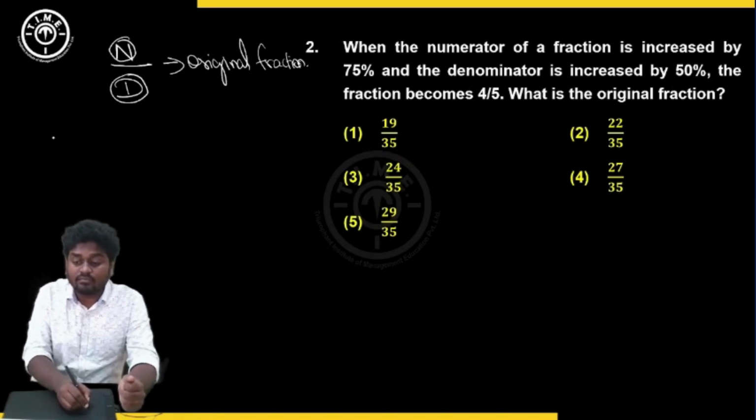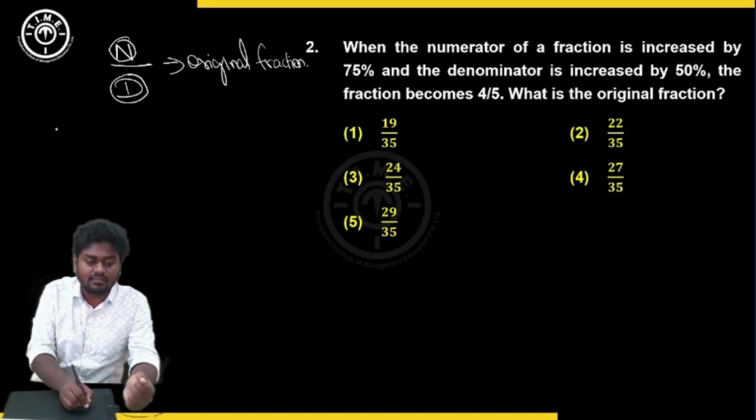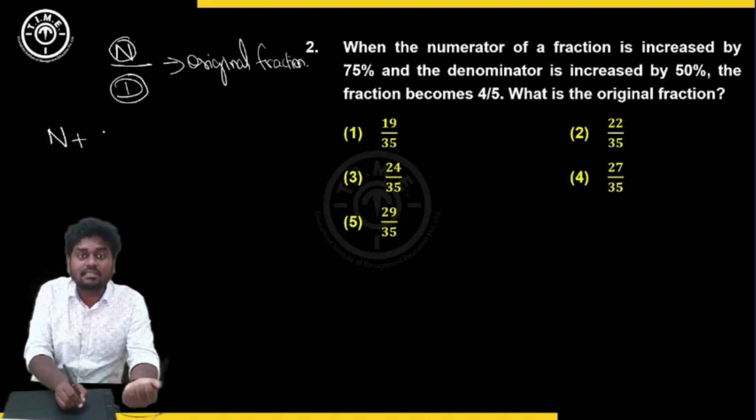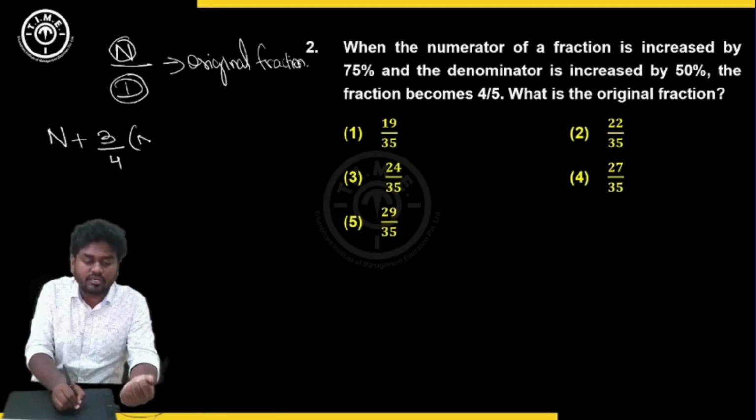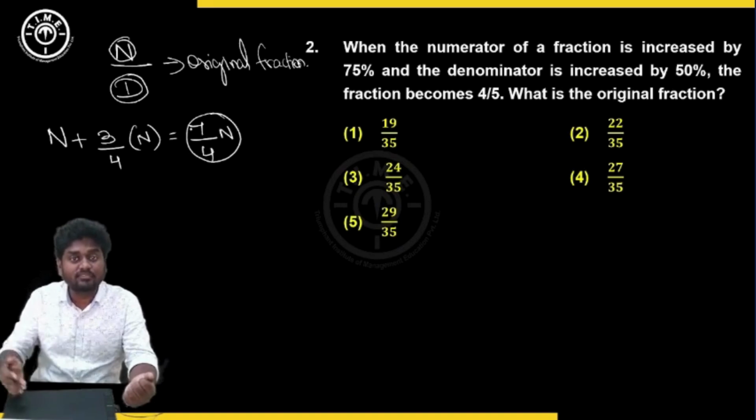Now the numerator increases by 75% of the already existing numerator, and 75% is nothing but 3 by 4. So 3 by 4 of n is the increase. When we add this number, what do we get? Our numerator will become 7 by 4 of n.